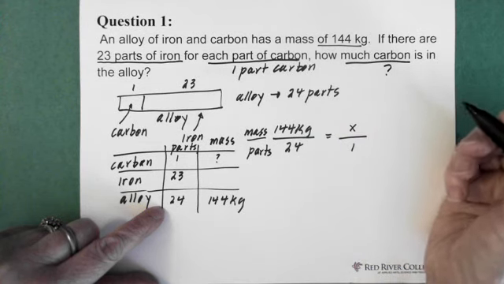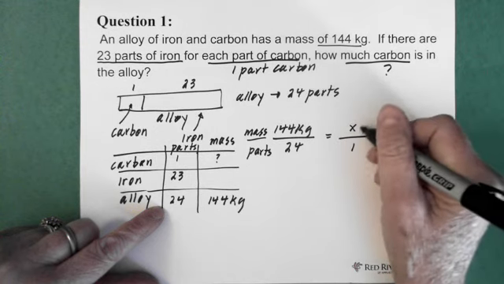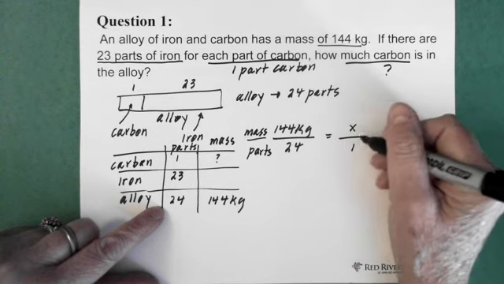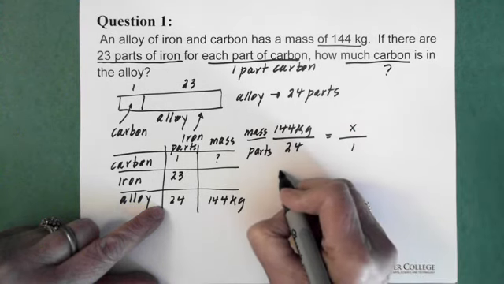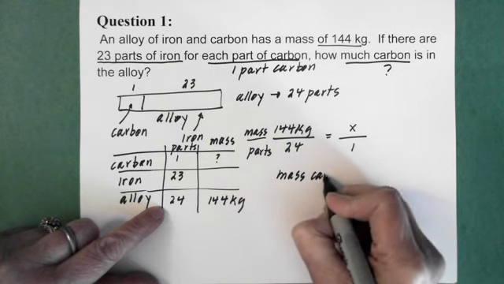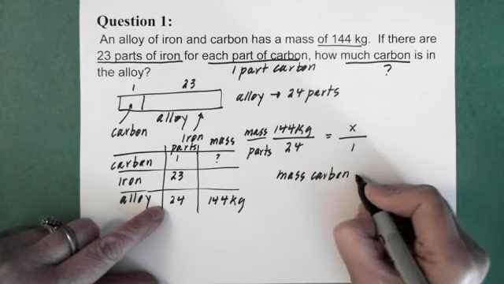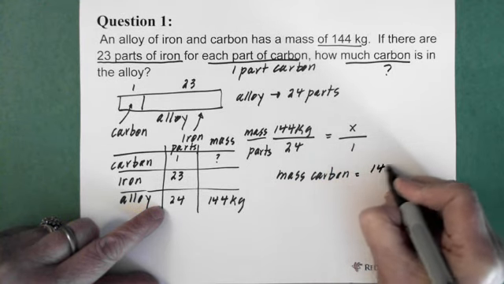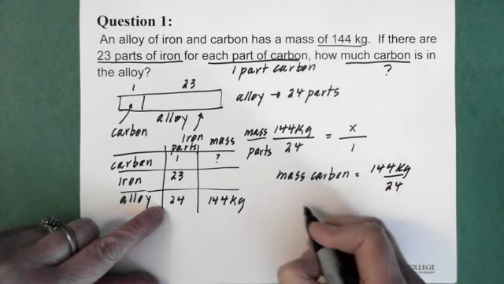When you look at it this way, you can see it's pretty straightforward. We normally would multiply both sides by 1, but you just end up with this number. So then the mass of the carbon, which is X, has to equal the 144 kilograms divided by 24.